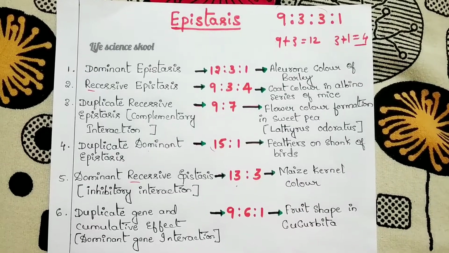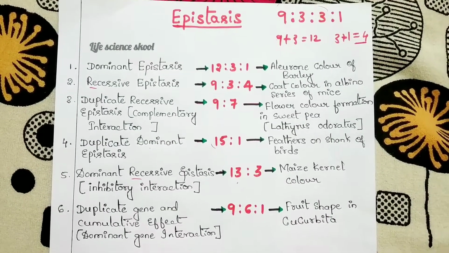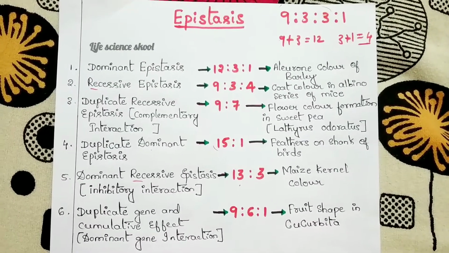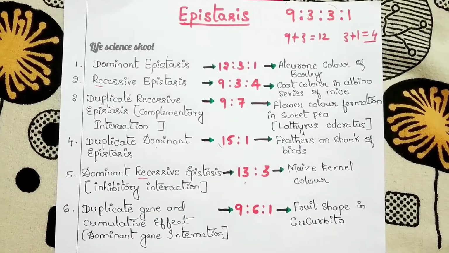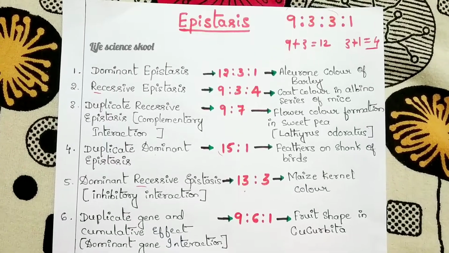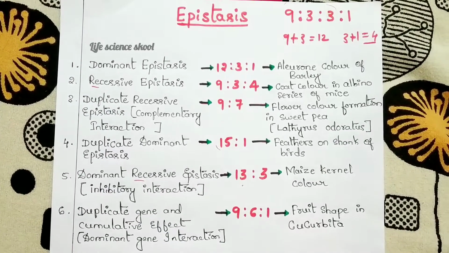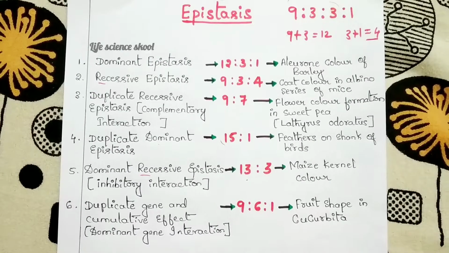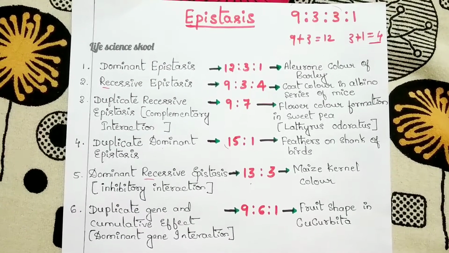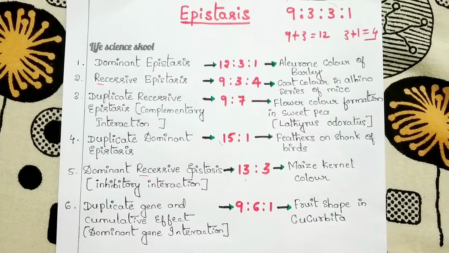Now, one hint, one trick, or one tip that I would like to give here is very important to remember all these phenotypic ratios, because in competitive examinations like KSET and NET, they will ask the phenotypic ratio. So, to remember that, I have a trick here.